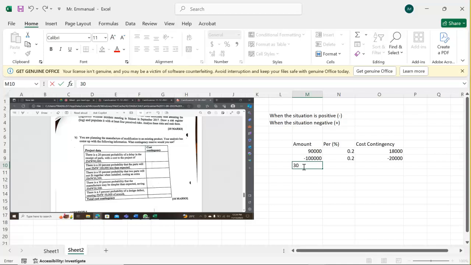You install the parts, they are not fitting together, and they will cost you extra money of 6,500. So it remains a positive number. The 25% probability over 100 is giving us 0.25.